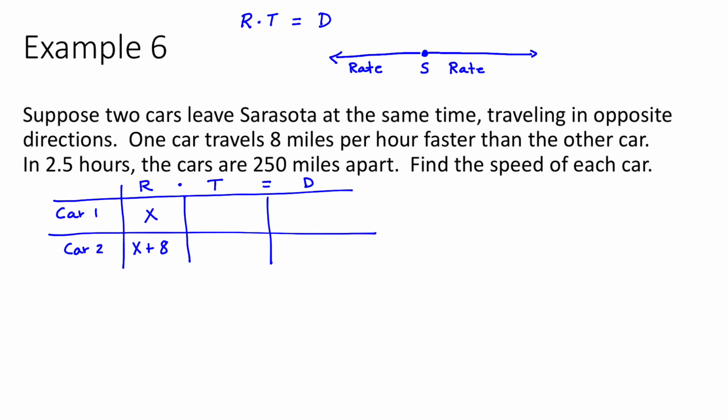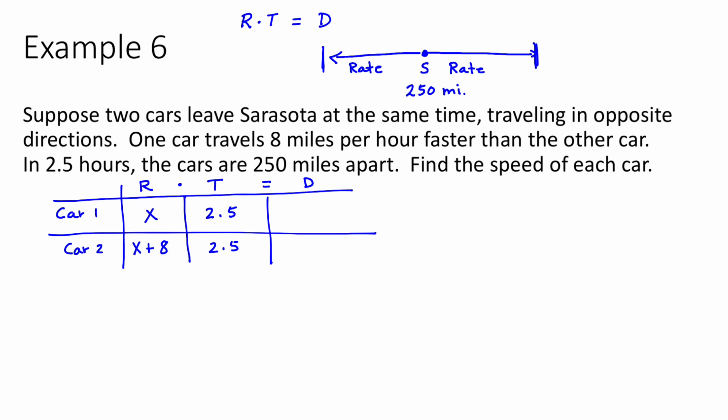And what do we know about the time? We know that they're going for 2.5 hours, so I'm going to put that time in. Now, at the end of the 2.5 hours, the two cars are going to be 250 miles apart. But I don't know how far they went individually.